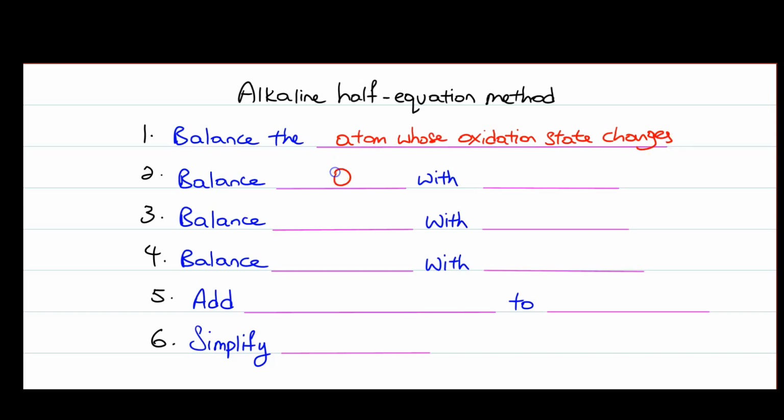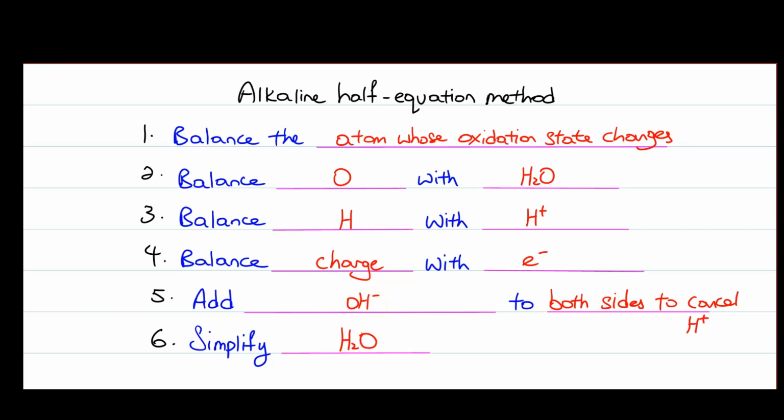Then oxygen with water, hydrogen with hydrogen ions, and charge with electrons. After that, add hydroxide ions to both sides to cancel H⁺ ions. And finally, simplify any water molecules. If you follow that order, alkaline redox half equations become much easier.